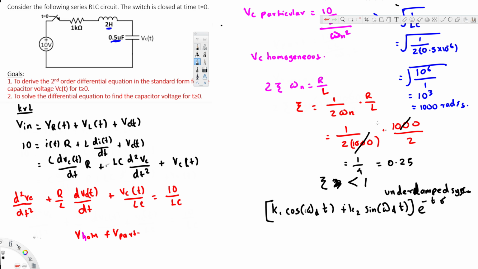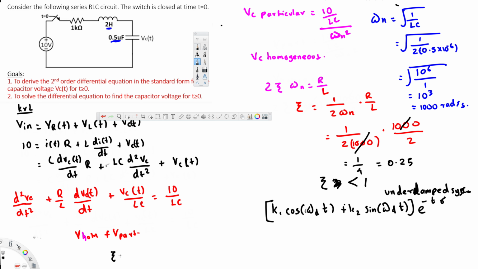Now using this one we are going to write our homogeneous answer, but we have to find our k1 value, k2 value, and also we have to have the omega d value. But before I do that, I'm going to bring the non-homogeneous general solution. That's going to be just the addition of the particular solution and the homogeneous solution, right? Okay, let's note this zeta value and this omega n value here and get rid of this part.